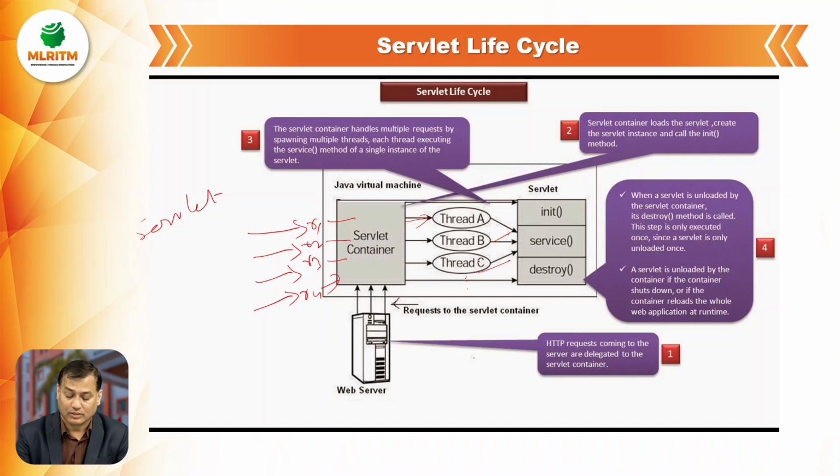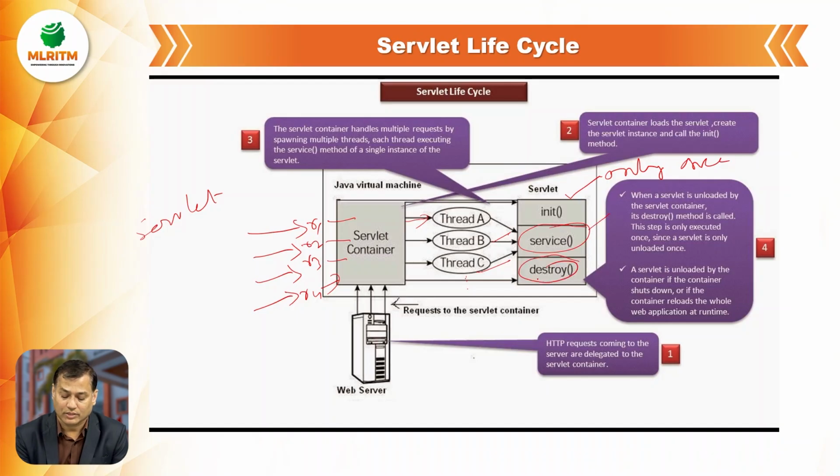Whenever a request is coming, first the init method is going to be executed only once, because it is called the first time the servlet is loaded into the web server. The service method is going to be executed any number of times, because as many requests as are coming for a particular servlet, that many times the service method is going to execute.